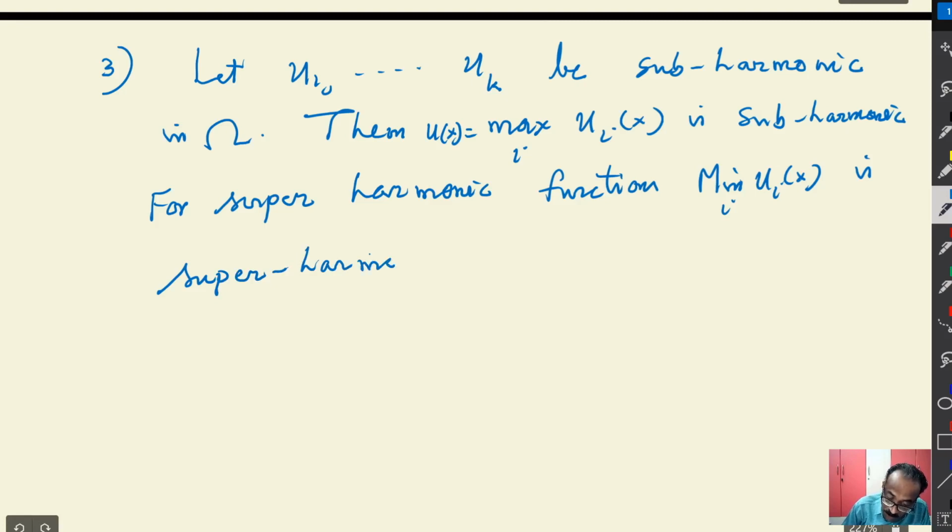So the other things need not be true. You can find example functions. The maximum or minimum of sub-harmonic functions need not be sub-harmonic.